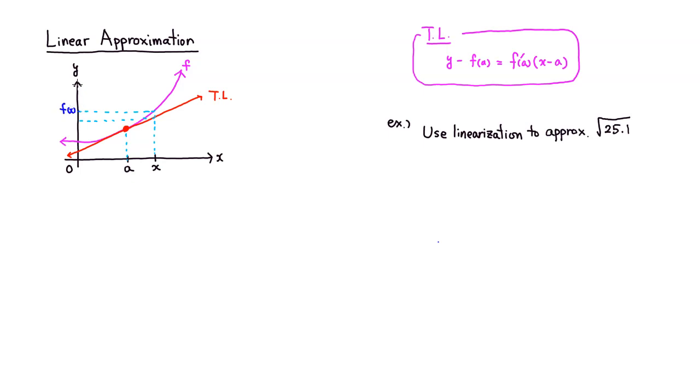But instead of using the complicated original function, we're going to find the tangent line at some point a fairly close to x, then use this tangent line, which is obviously a linear function, to approximate the value of f of x.